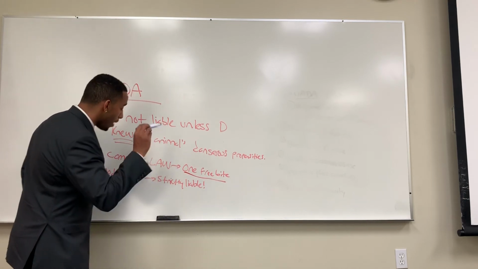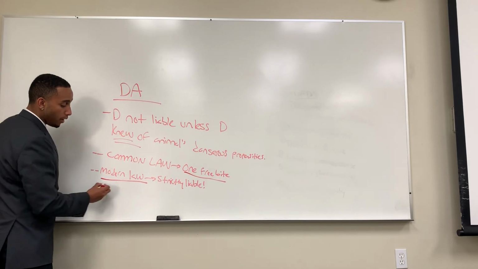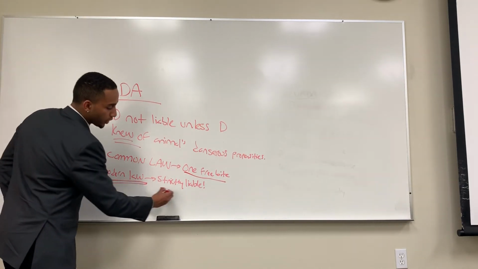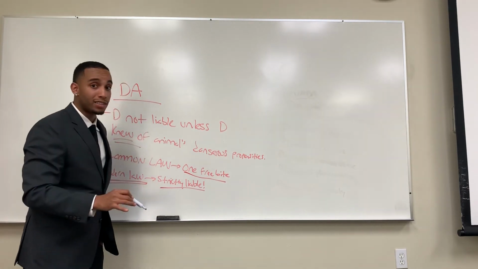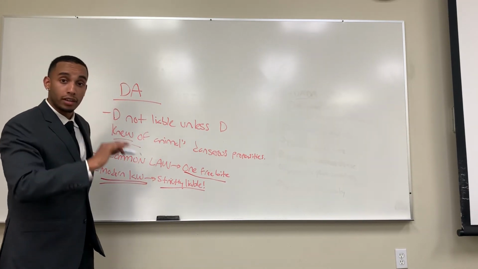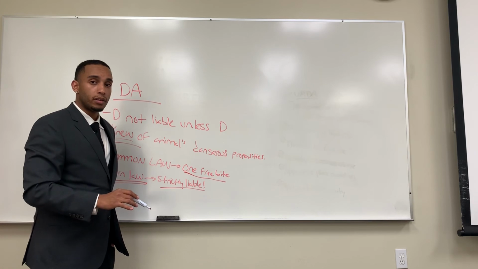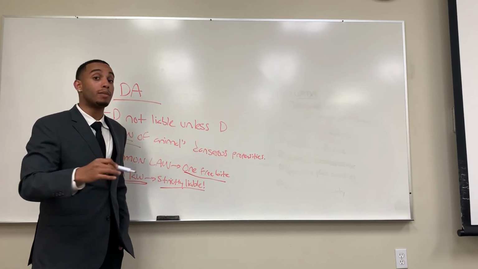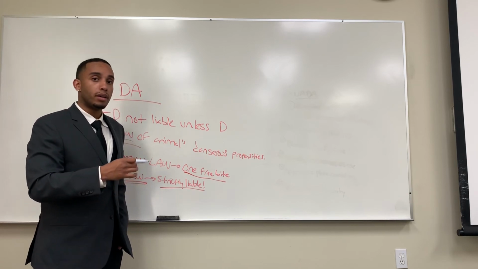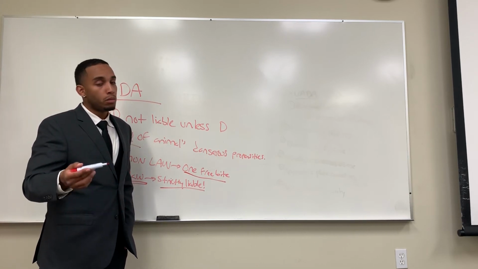However, under the modern law, you'll be strictly liable, period. There are no free bites under the modern law. The common law was a little more lenient under domestic animals. However, modern law is a lot more strict now, and if your dog is biting someone, the defendant could be liable for that injury.